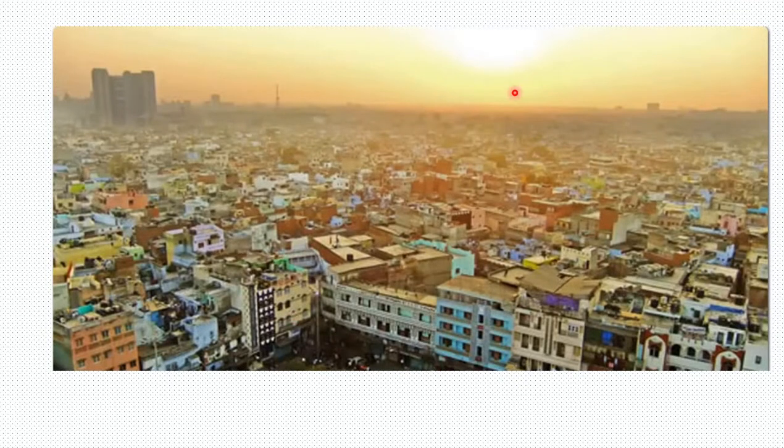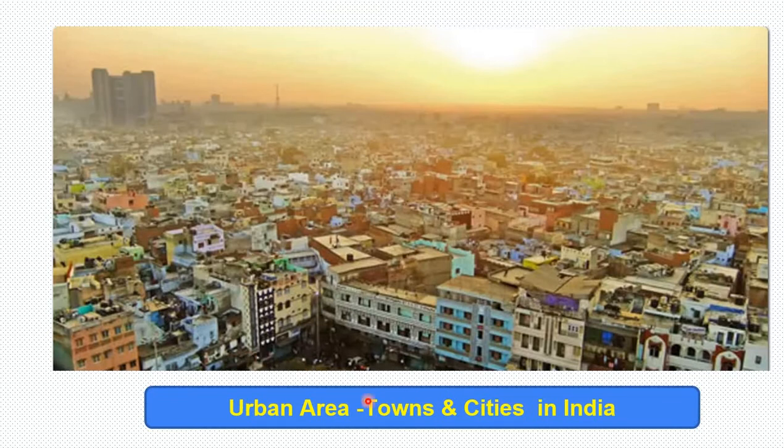So this is actually a picture about the towns and cities in India. Depending upon the services available, size, and functions rendered, urban areas are classified as towns, cities, conurbations, and metropolises.